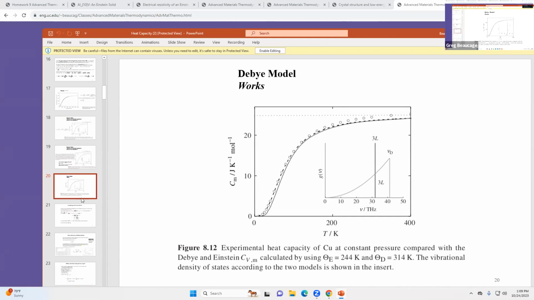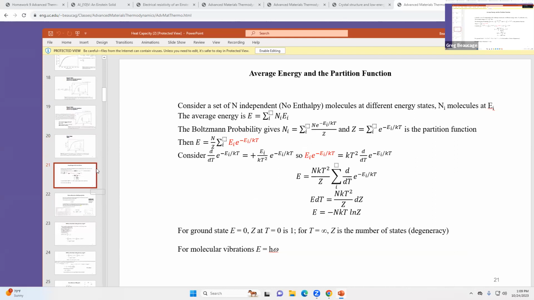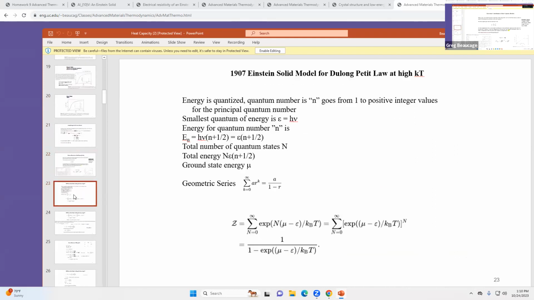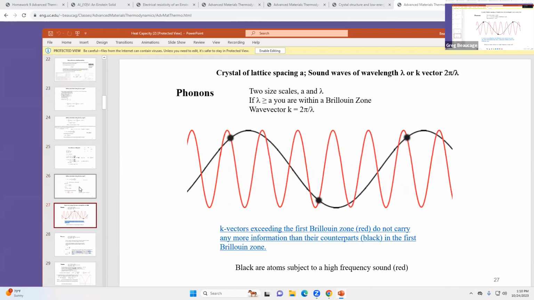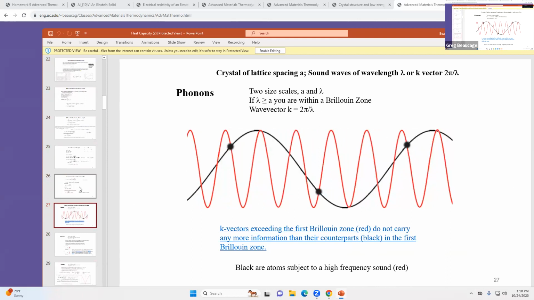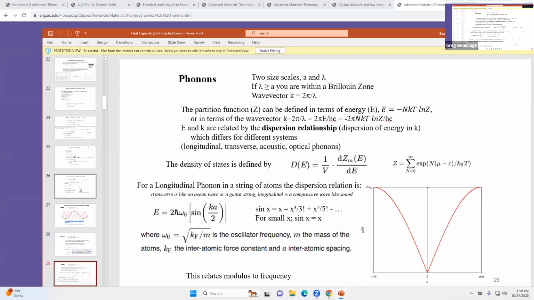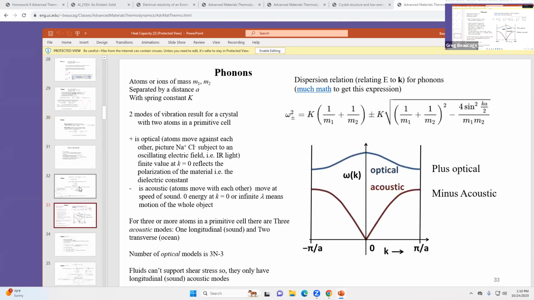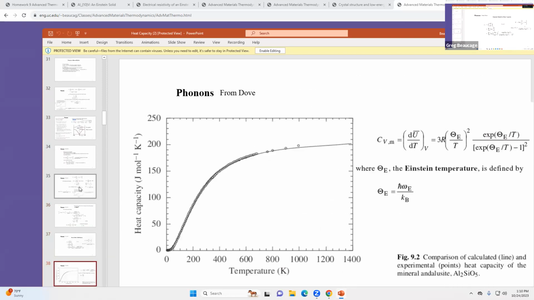So Einstein can handle some of this, but he can't handle most of it, because when something moves through the material, it has a phase to it, so the one next to the other isn't going to be the same phase. You need something like a phase factor, which is in here somewhere.